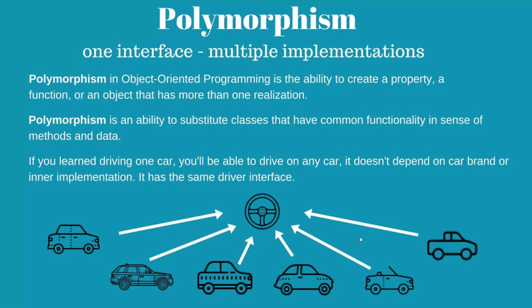So polymorphism is just like you are a driver. Di ba? Kabalo ka mo drive og motor. So kung kabalo ka mo drive og motor, di na siya kinahanglan what brand. Example, there are three kinds of category of motor: manual, semi-automatic, and automatic.